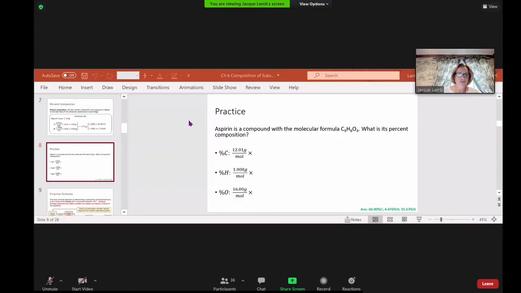I can also open that up and share it on my screen during your test. I'm happy to do that if you don't want to keep going back and forth to that. But yes, you absolutely have to have a periodic table with you, and you will for the rest of the semester.